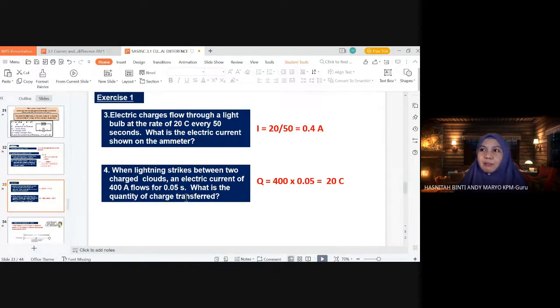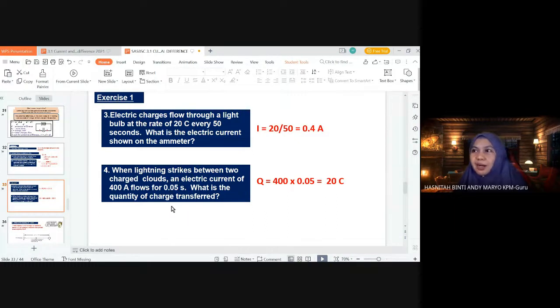For number 4, lightning strikes between two charged clouds. An electric current of 400 ampere flows for 0.05 seconds. What is the quantity of charge transferred?